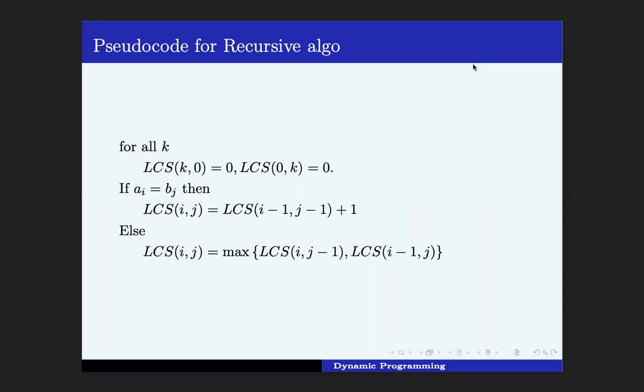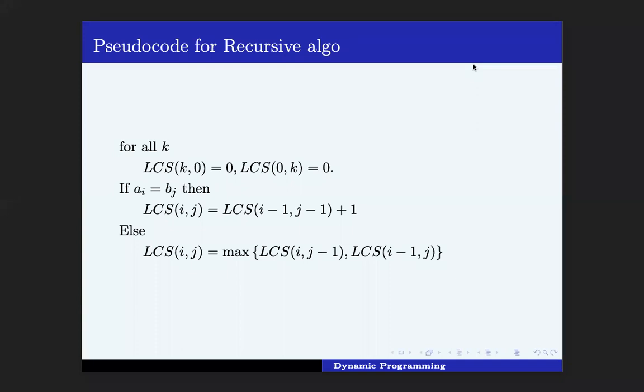We can have a 2-dimensional array, or you can say a matrix, and the rows will be the index of the first string, and the columns will be the index of the second string. If we iterate over the array in column-major or row-major order, we can store the values one by one.